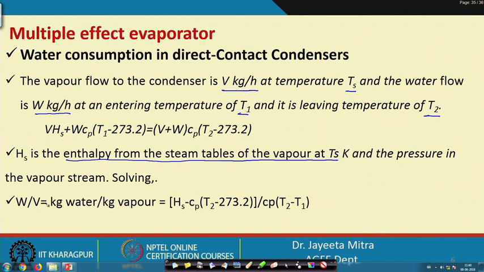Okay. So, W by V, that is kg of water divided by kg of vapor, comes as Hs minus Cp into T2 minus 273.2, divided by Cp into T2 minus T1. From this we can calculate the water consumption per kg of vapor needed in the direct barometric condenser.